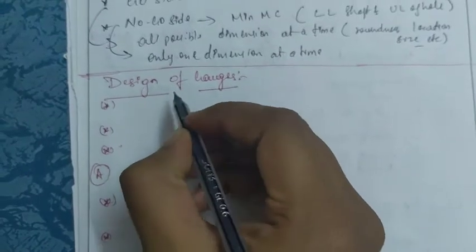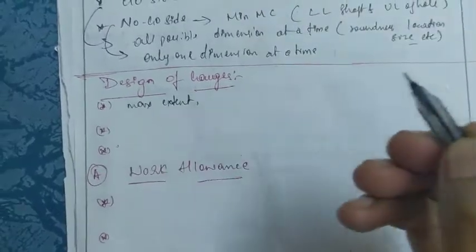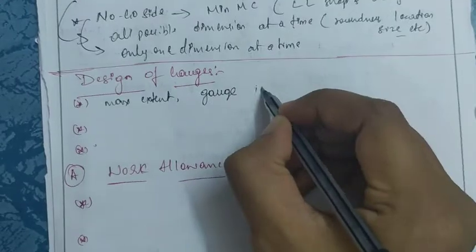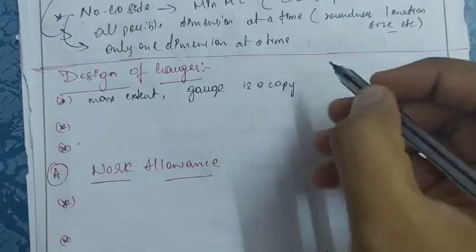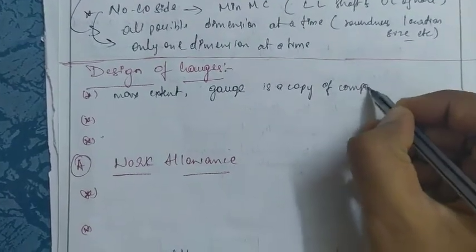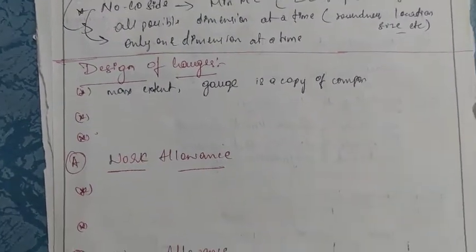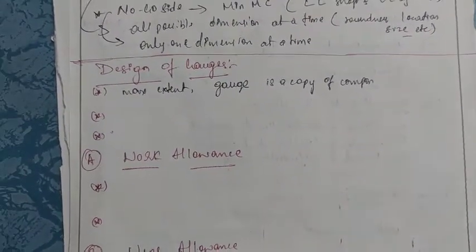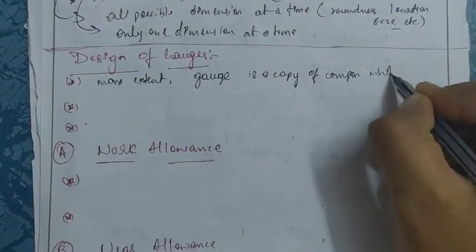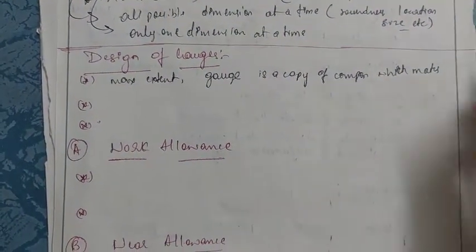Initially, to a maximum extent, each gauge is a copy of the component which mates with the component for which the gauge is manufactured.